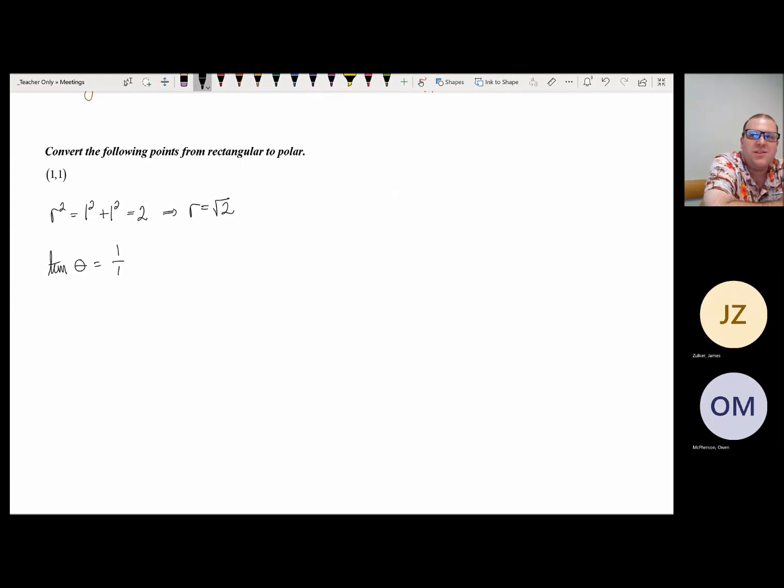So where is the point (1, 1) located? Well, that's theta. I'm just asking right now, where's (1, 1) located? Quadrant 1, so you can just take the inverse tangent and get pi over 4. The point in polar coordinates would be the point (square root of 2, pi over 4).